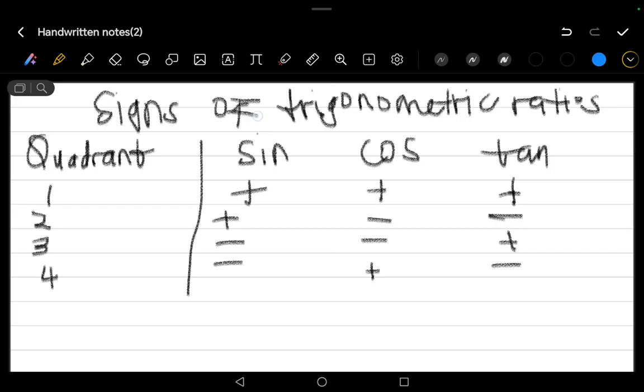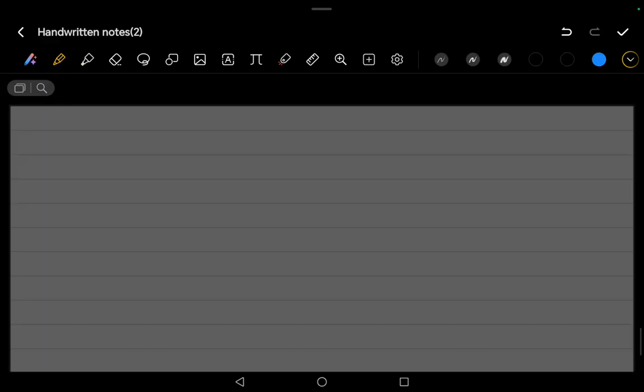So these ones are the signs of the quadrant. On quadrant one, all the ratios are positive, on quadrant 2, only sine is positive, on 3, only tan is positive, and on 4, only cosine is positive. Now moving forward, we're going to do the reference angle.